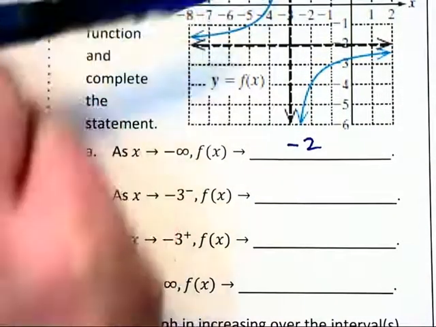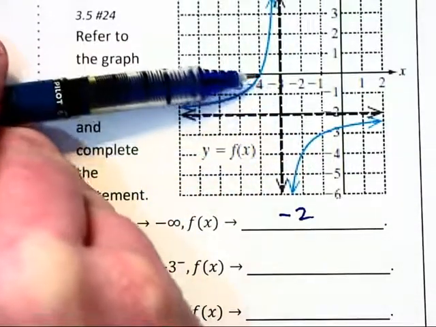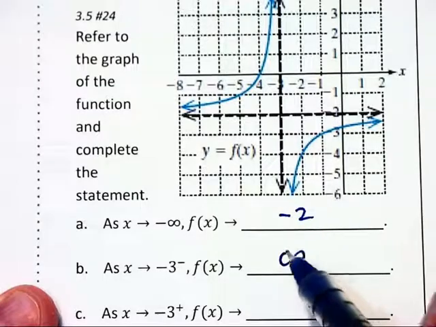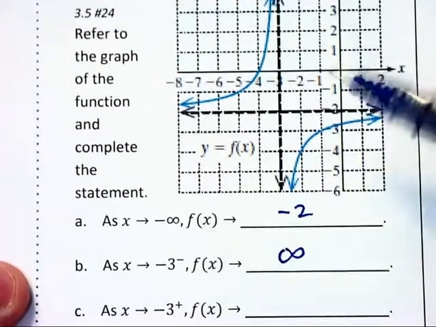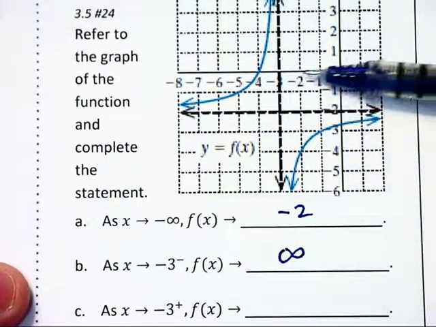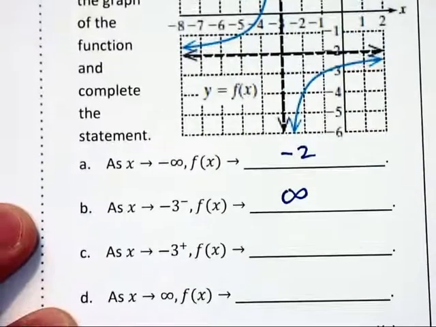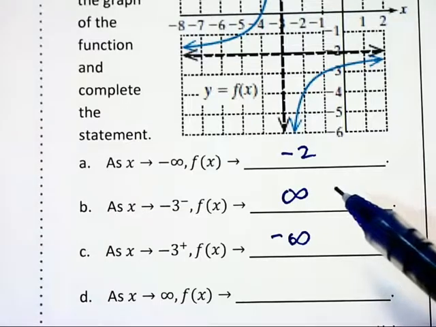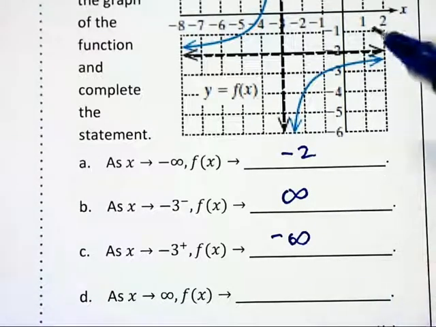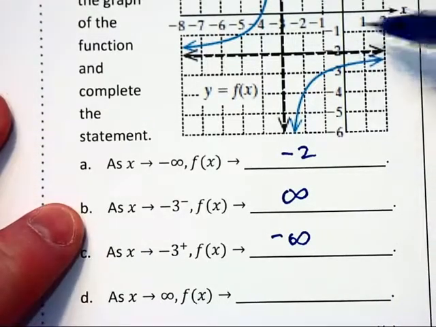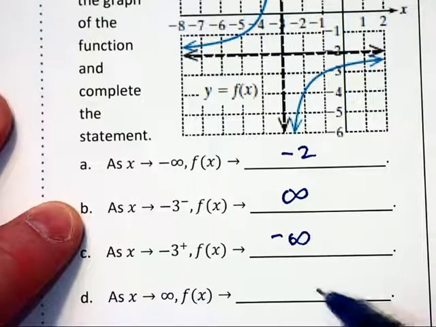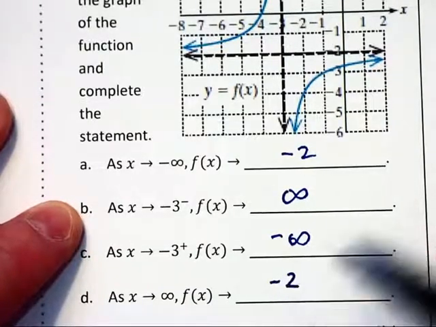It's going up. It's kind of hard to see, but it's going upward there. So the answer is positive infinity. As we approach negative 3 from the right-hand side, the graph is going downward, so the answer is negative infinity. And as x approaches positive infinity, the y value is approaching the horizontal asymptote of y equals negative 2.